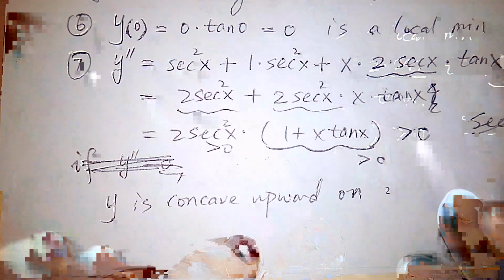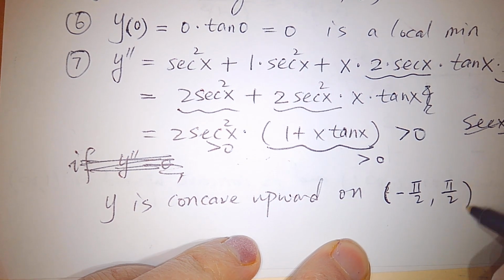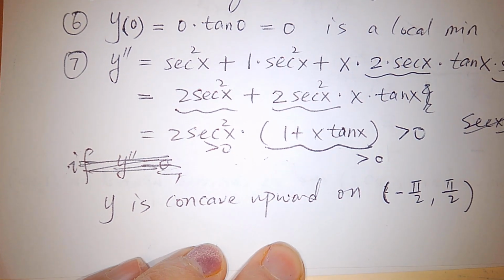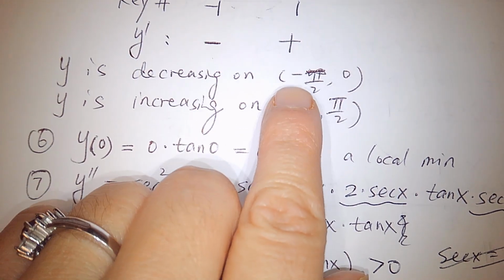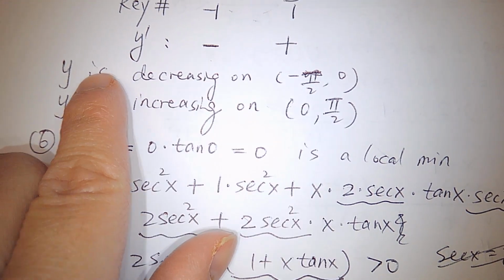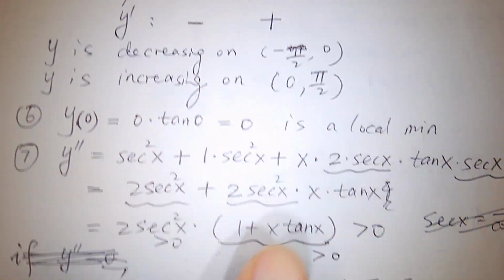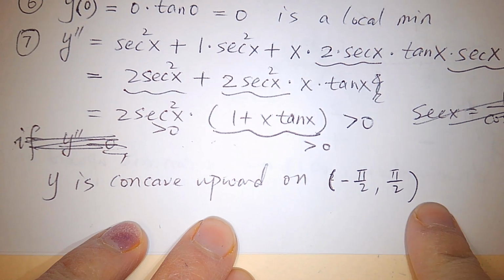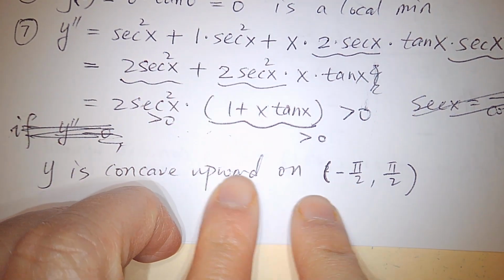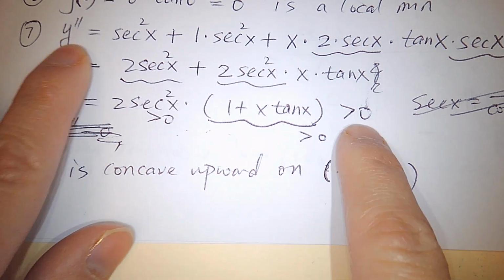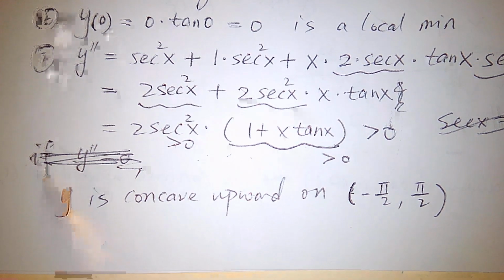And we know, from negative pi over 2 to 0, the graph is decreasing. From 0 to pi over 2, the graph is increasing. And on the entire domain, the graph is concave upward. Alright, are we ready to graph?